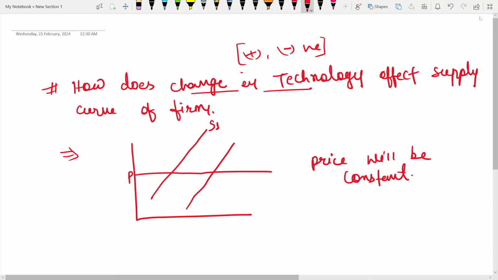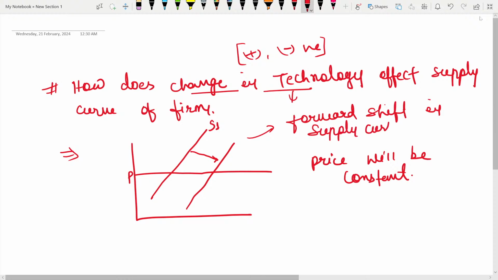So if there is a positive change, that means technology has improved. If technology has improved, then there will be a forward shift in the supply curve. What does a forward shift in the supply curve mean? As I already told you in study, a forward shift means the supply has increased.